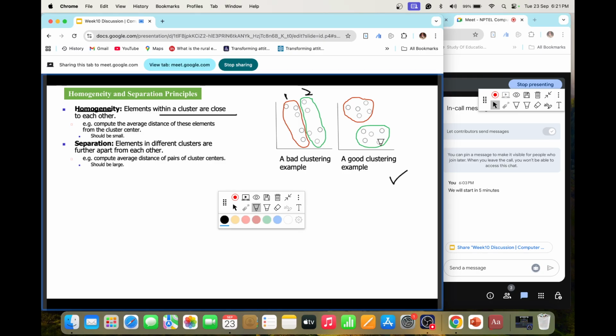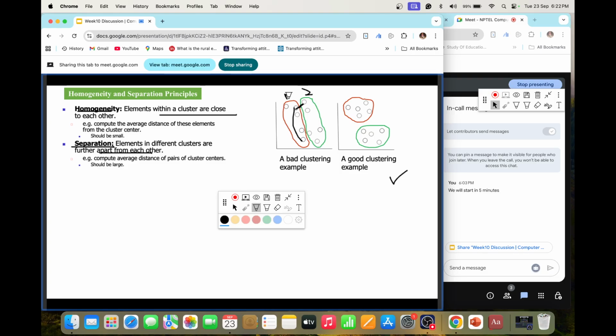So this is the first criterion. The second is separation, or inter-cluster separation, which means elements in different clusters are farther apart from each other. You can see this is a bad clustering because elements in different clusters are very close to each other, while they are far from each other within the same cluster.